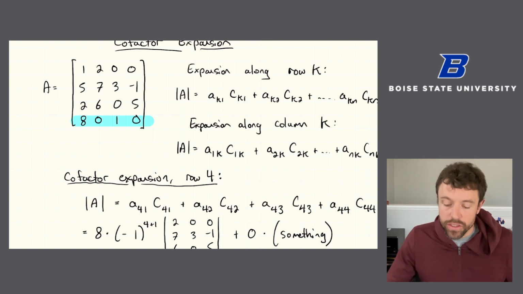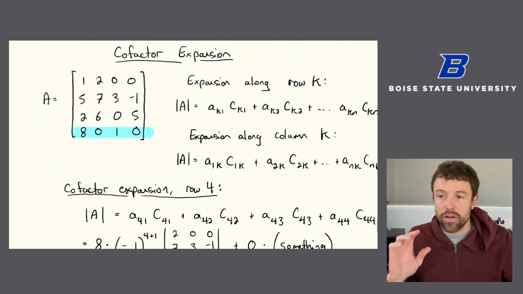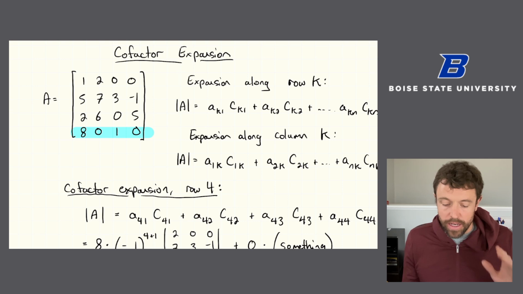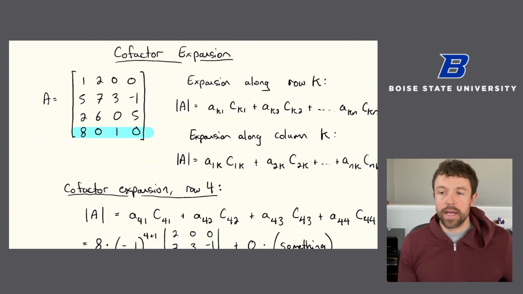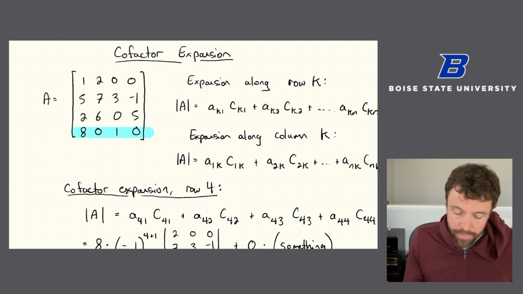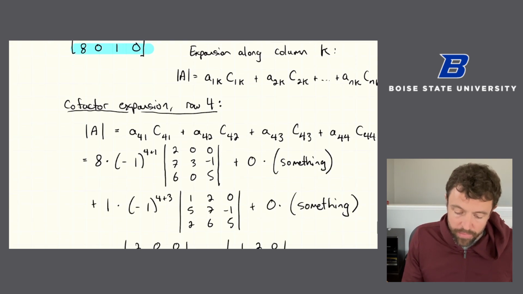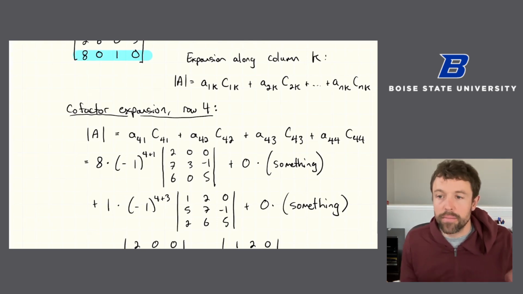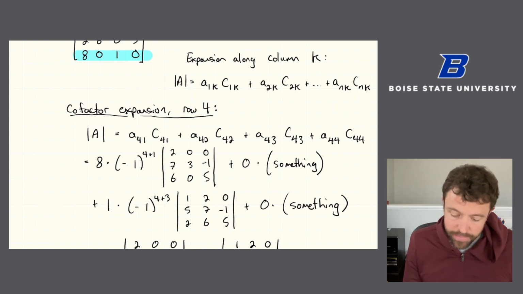So a quick refresh, I can cofactor expand along rows and or columns. The idea is that I look for a row or column that has a maximal number of zeros. You don't have to, it just saves you a bunch of time because the zeros work nicely. And I work out how this cofactor expansion formula applies as I move along the row or column.